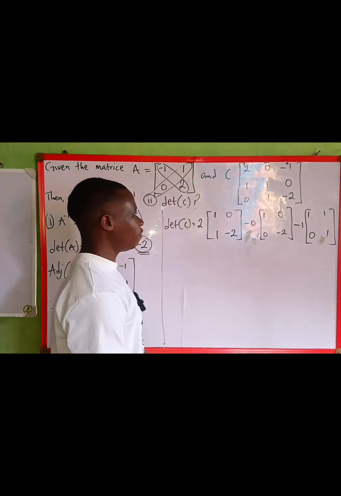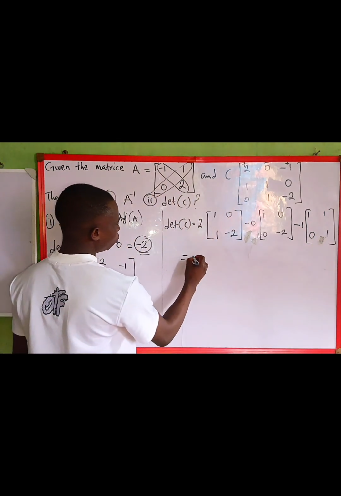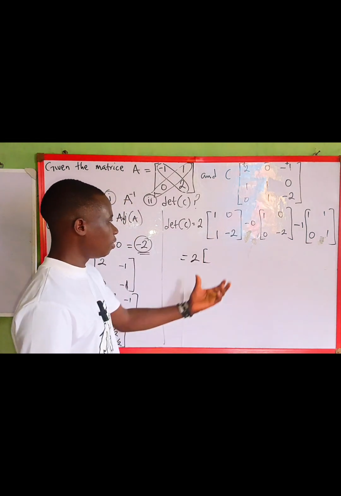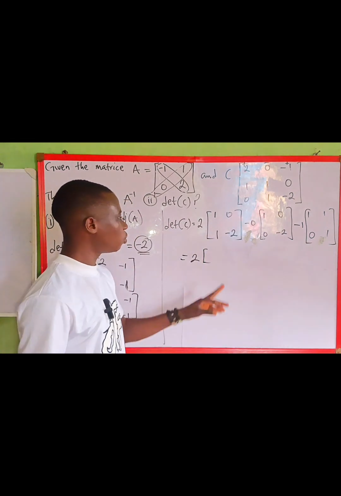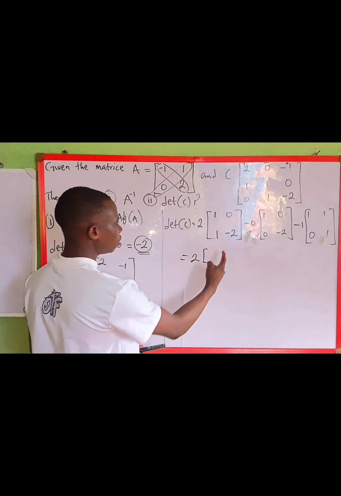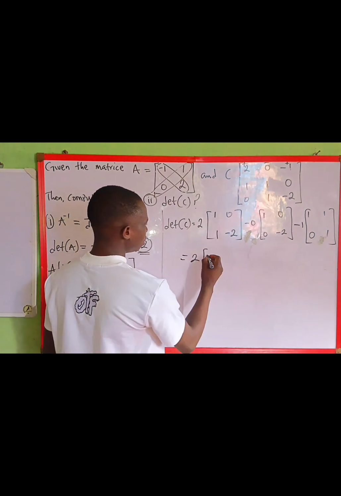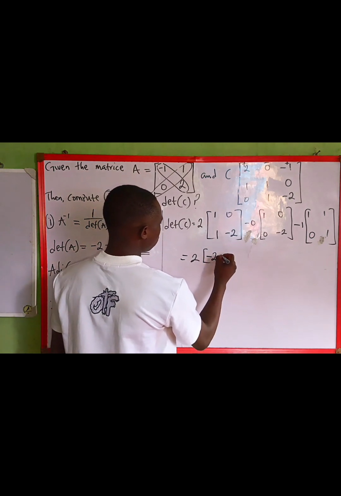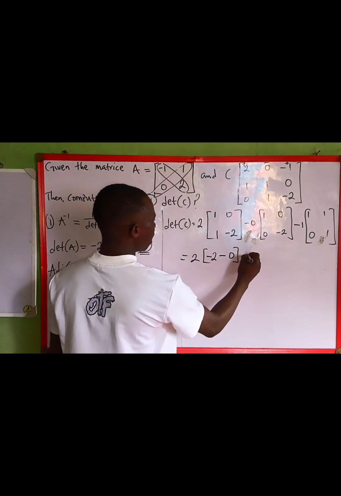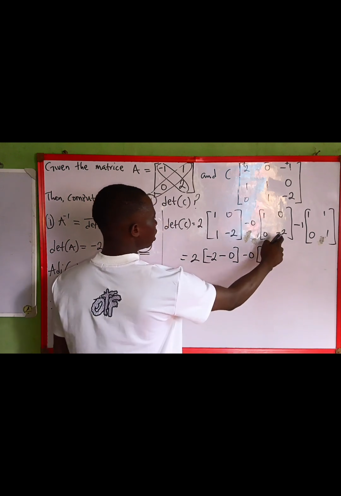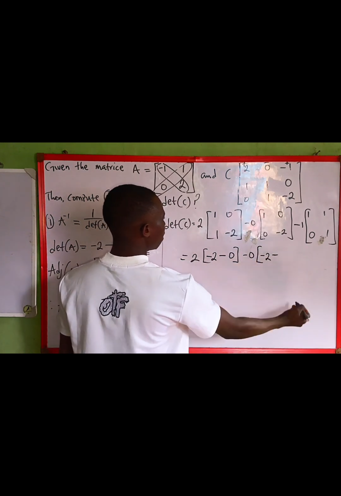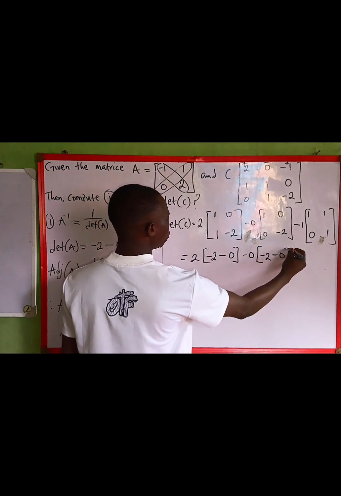So now we're going to simplify further. We're going to have 2 into the bracket of, remember, when we are simplifying a 2 by 2 matrix, it's very simple. All we need to do is to just cross multiply, then we take the difference. Negative 2 multiplied by 1 is going to give us negative 2, then minus 1 multiplied by 0 is 0. Then minus 0 into negative 2 multiplied by 1 is negative 2. Then we take the difference, minus 0 multiplied by 0 is 0.